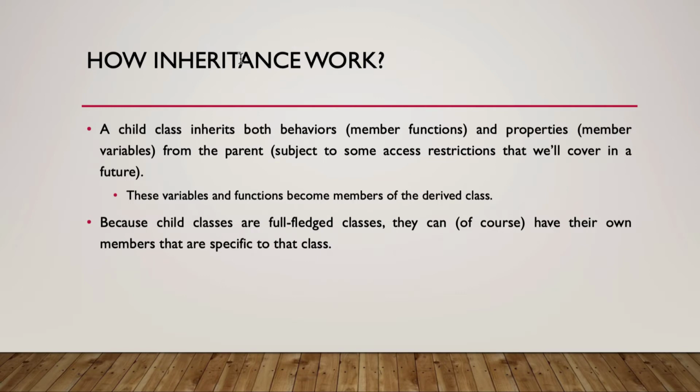Because child classes are full-fledged classes, they can of course have their own members that are specific to the class. A class can be derived from more than one class, which means it can inherit data and functions from multiple base classes. To define a derived class, we use a class derivation list to specify the base class or classes.